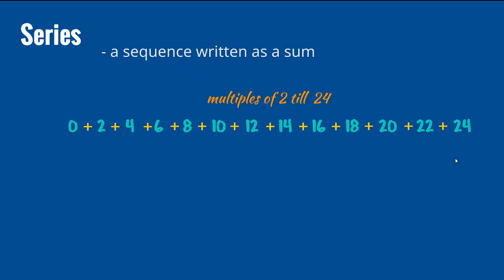See, set, sequence and series are all basically the same thing, with small, minute differences, which you would have understood now. For example, this is a sequence of odd numbers. When I want to make it a series, I take the commas off and put plus. That's all.